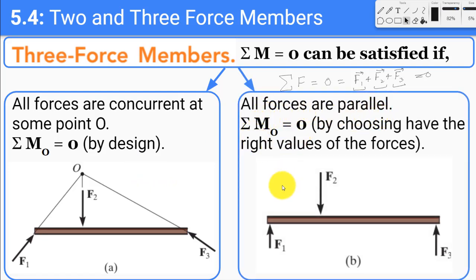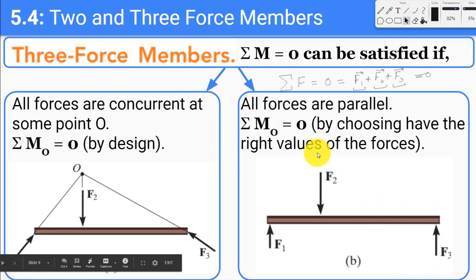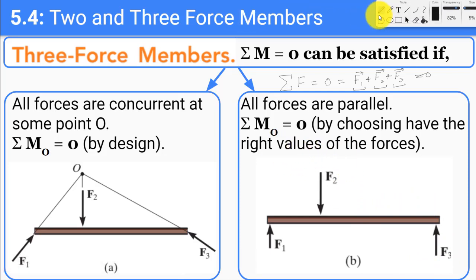If all the forces are parallel, then we can choose these forces in a way that we can still get equilibrium. But what we cannot have is two forces that are not parallel. Maybe we have this force F1 acting on this body and this force F2, and this F3 maybe is acting in this direction.